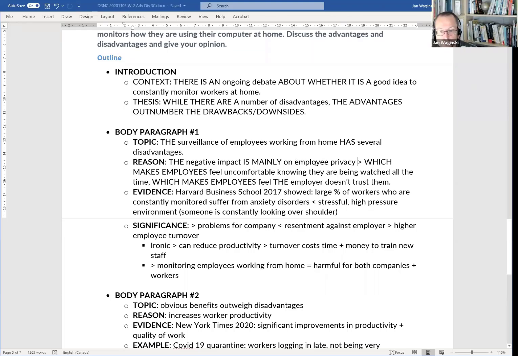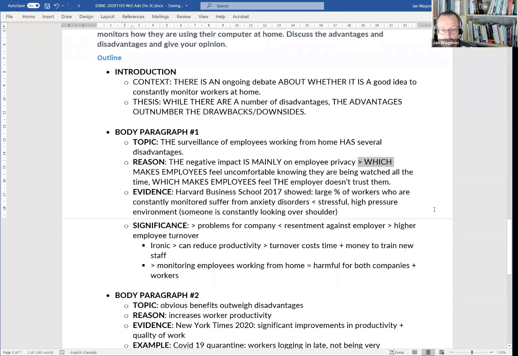You can do employees with S apostrophe, or leave it alone as a noun phrase. Employee privacy is a noun phrase. Now, which doesn't work here? Because it's not employee privacy makes employees feel uncomfortable. We need a different kind of connection here.